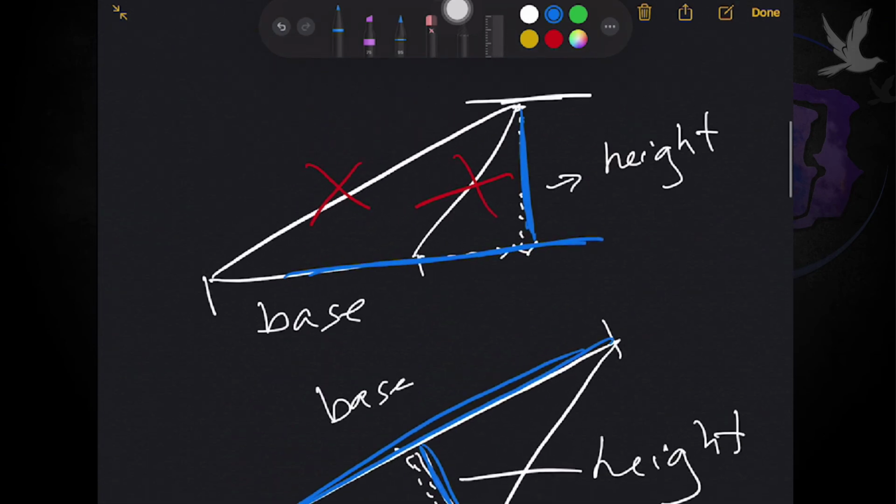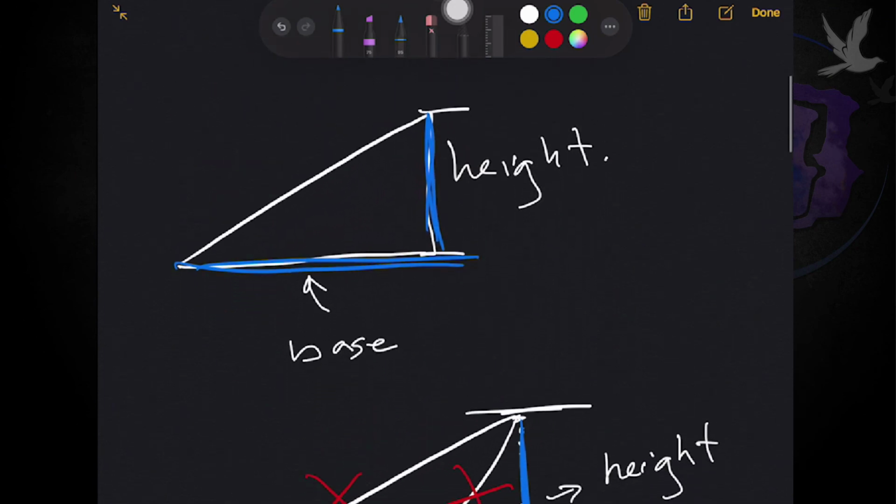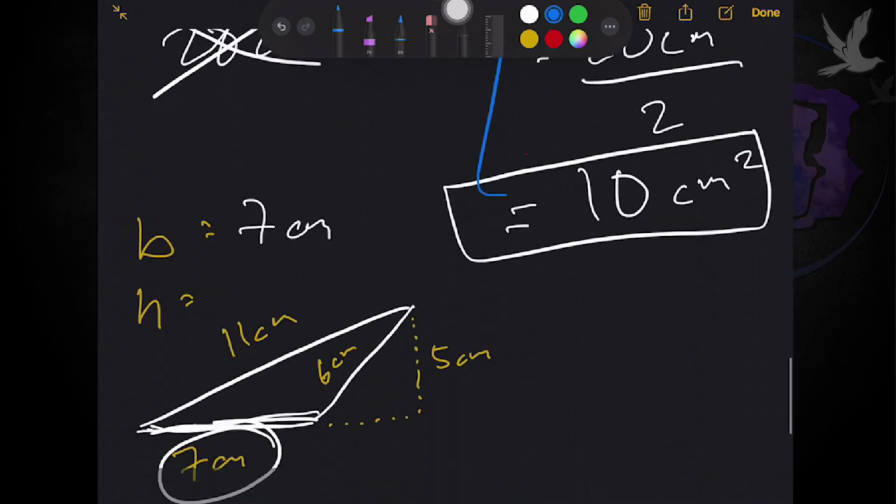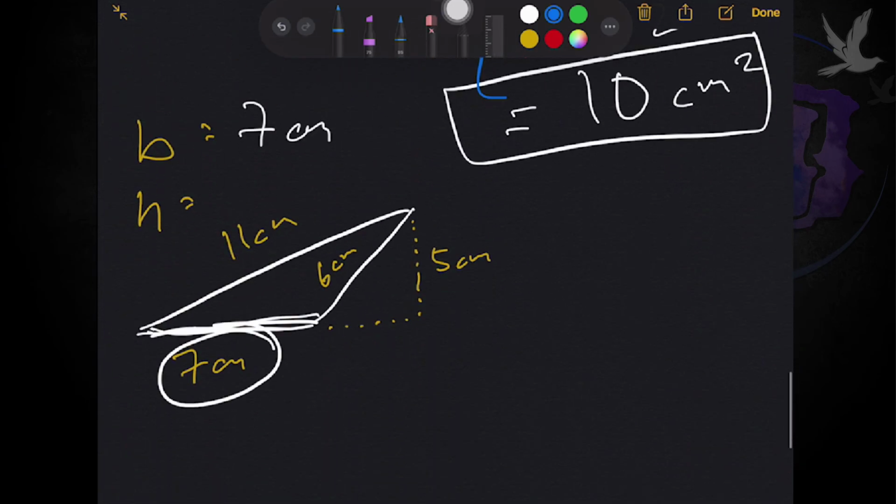If you remember that, perpendicular should look like a T or an L. So the only line that is perpendicular to your base is this one, which makes our height 5 centimeters.